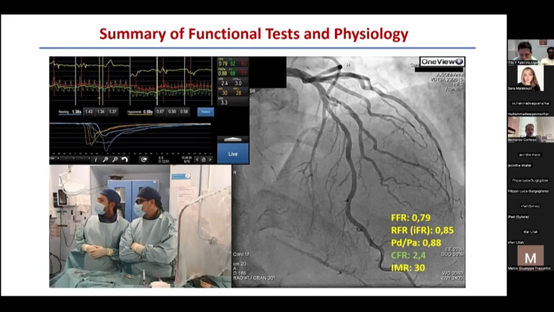Usually, not in the CTO setting, when you use physiology, you use the resting parameter. If it's positive, you go with PCI or CABG, whatever, and if it's negative, you go with FFR. But always analyzing all of this, don't you think that can lead to some confusion? Yeah, also we have an IMR dysfunction that adds to the confusion, I think.